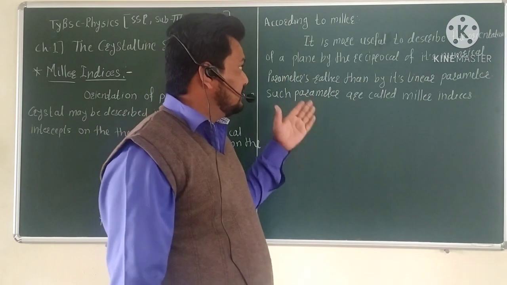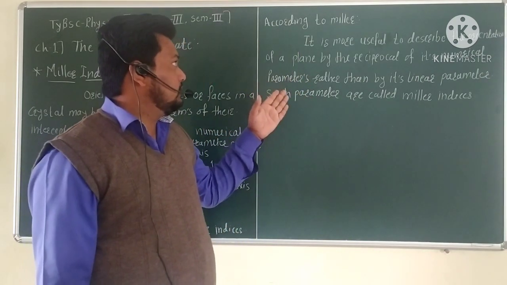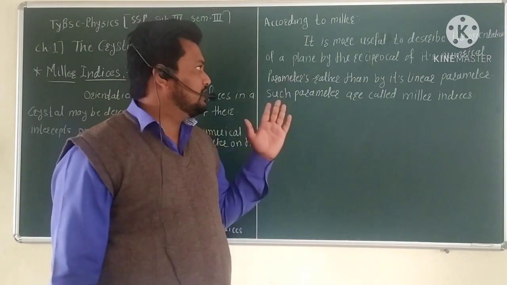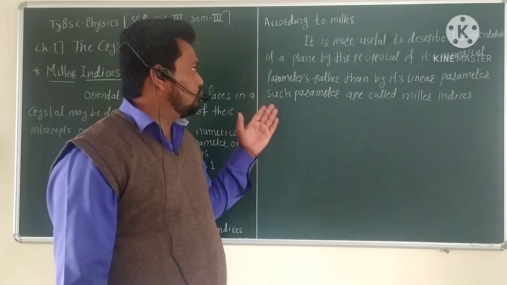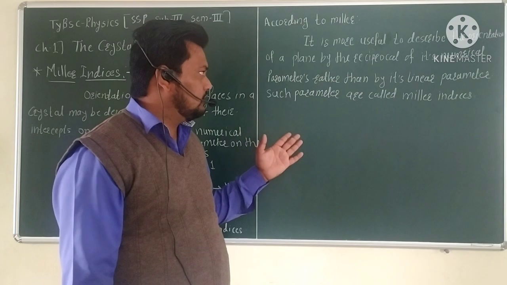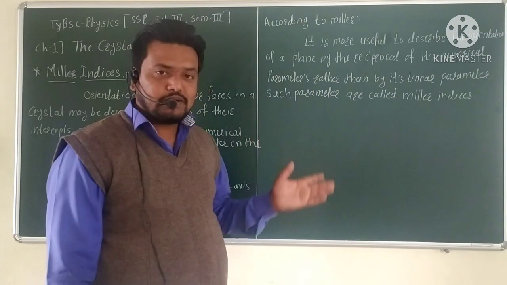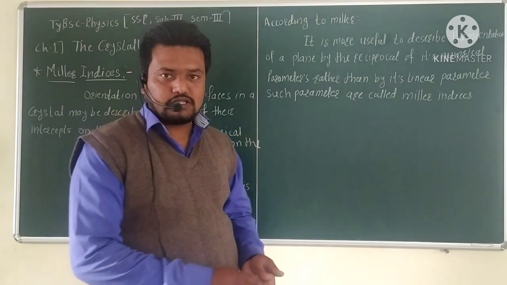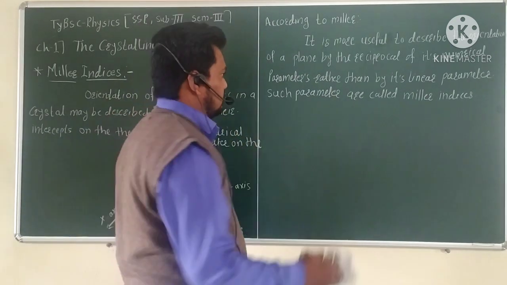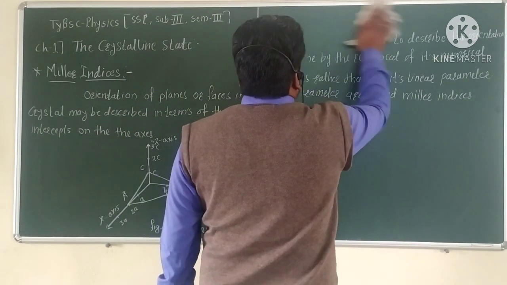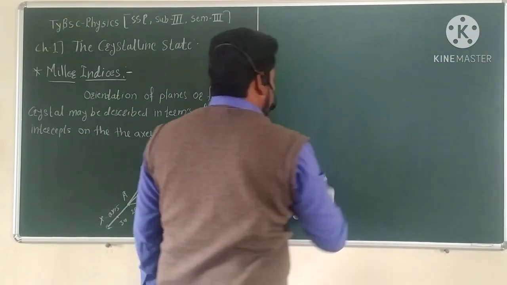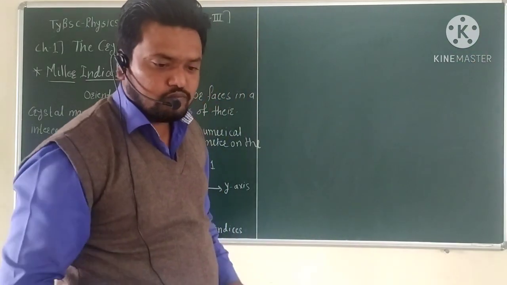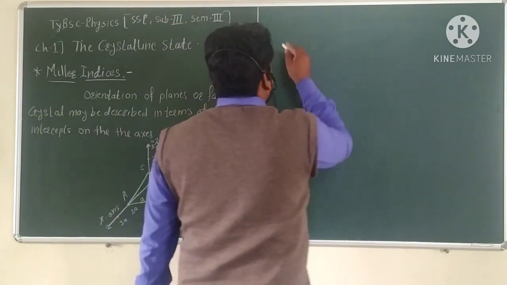Once again, according to Miller, it is more useful to describe the orientation of a plane by the reciprocal of its numerical parameter than by its linear parameter, and such parameters are known as the Miller indices. So in the next point we want to see the procedure of finding the Miller indices.